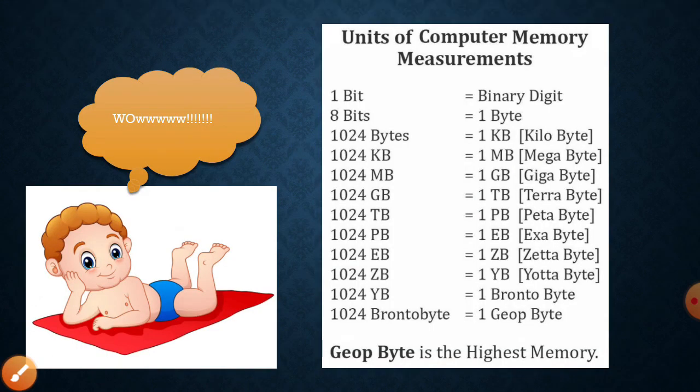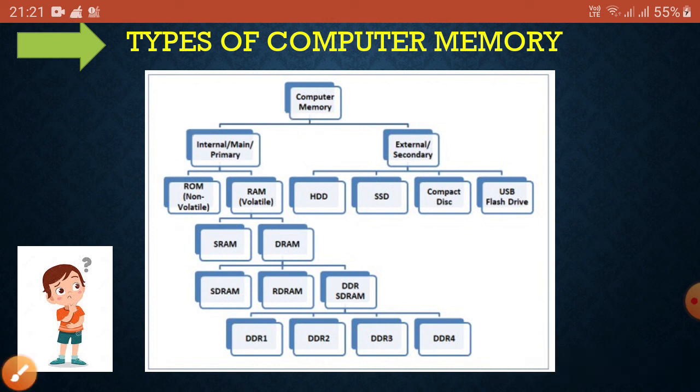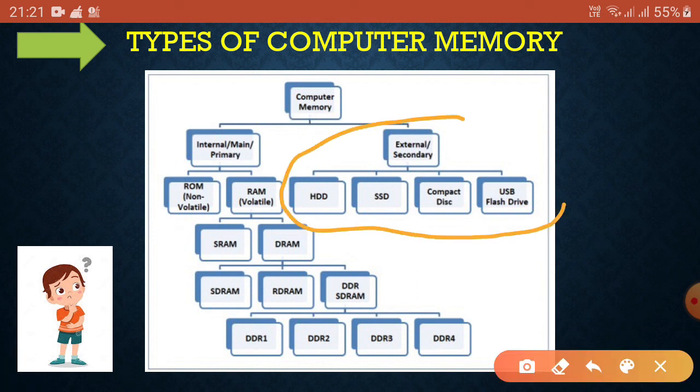So already we have learned about the units, and about the main memory. Now the external or secondary memory. In the external or secondary memory we will have four types. One is HDD, one is SSD, then compact disk, then USB or flash drive.